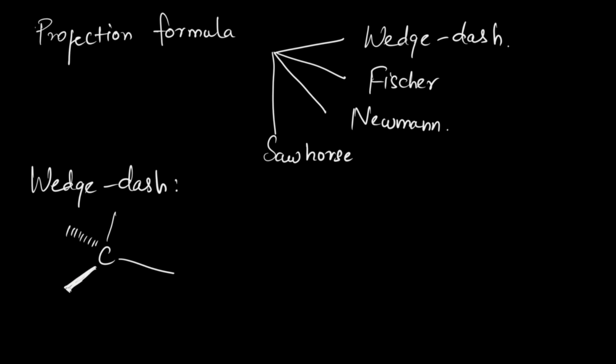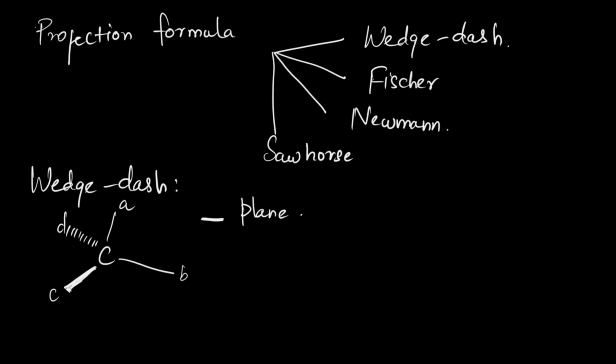Here the simple line refers to that substituent being in the plane, on the surface.